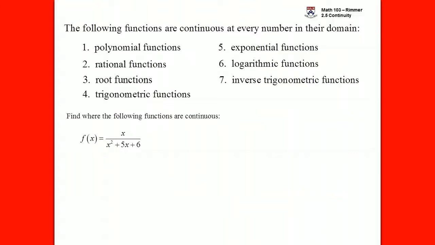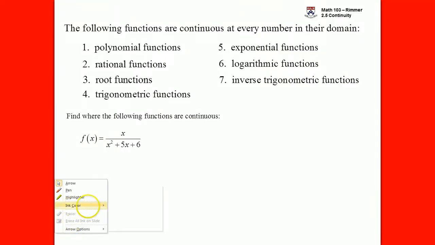When you have division, what do you worry about as far as the domain? Where the denominator could possibly be equal to 0. You can't have division by 0, so those x values have to be thrown out. You focus all your attention on the denominator, set it equal to 0 and solve.